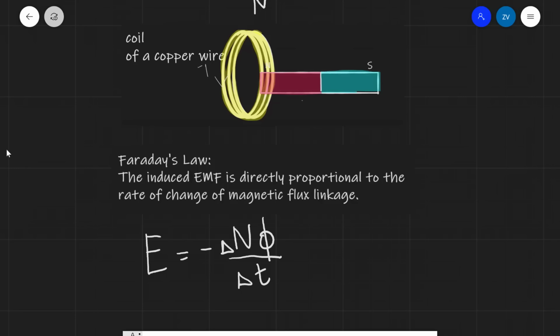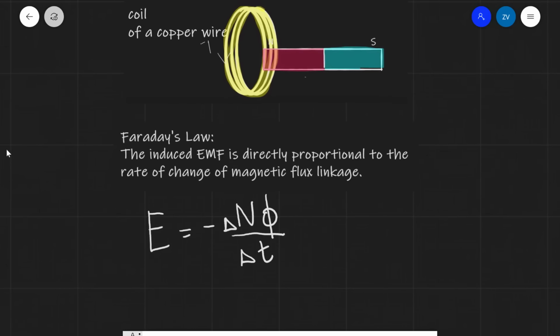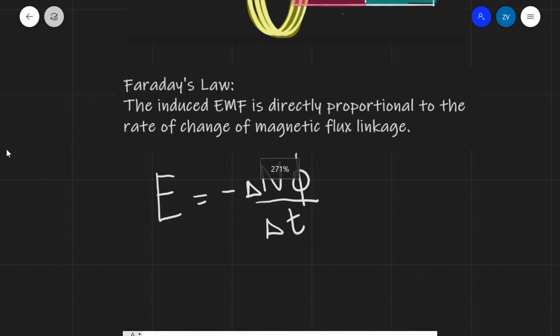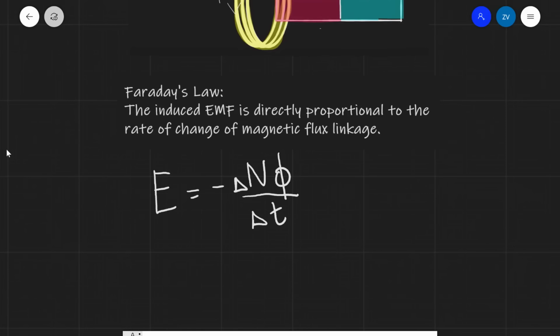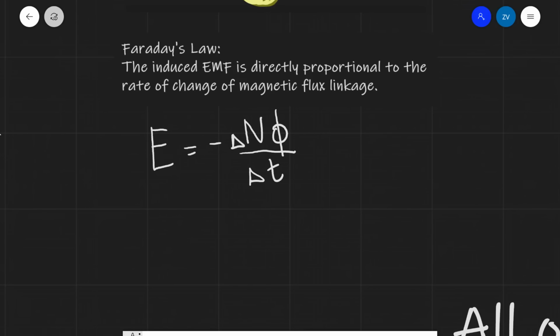Now, Faraday's law says that the magnitude of the induced EMF is directly proportional to the rate of change of magnetic flux linkage. Mathematically, we express this as E equals minus delta N phi over delta t.